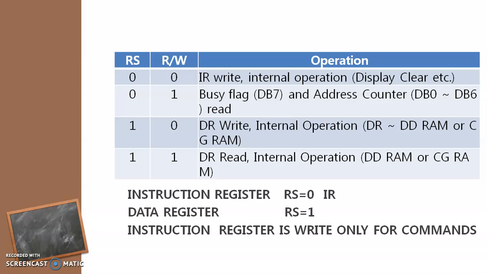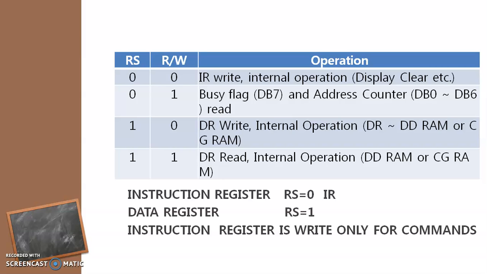So RS is 0 and R/W bar is also 0. RS being 0 shows that it is doing some operation with the instruction register. Since the R/W bar write signal is 0, it is writing into the instruction register.